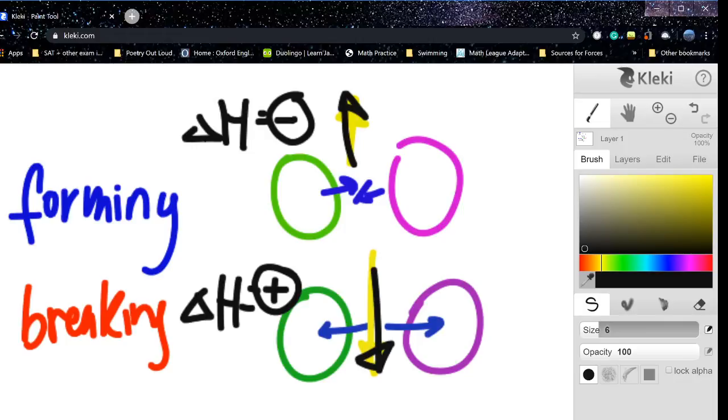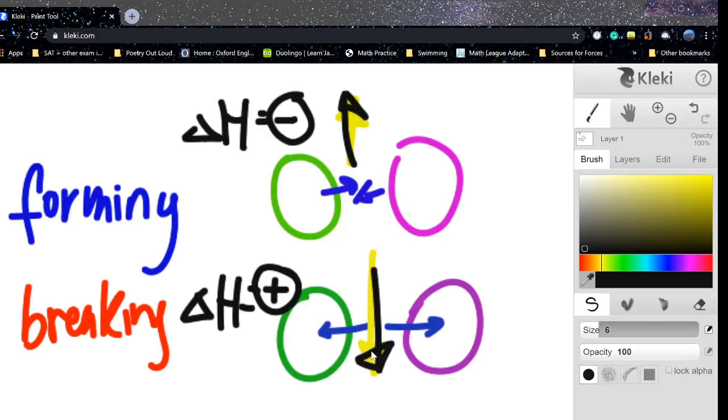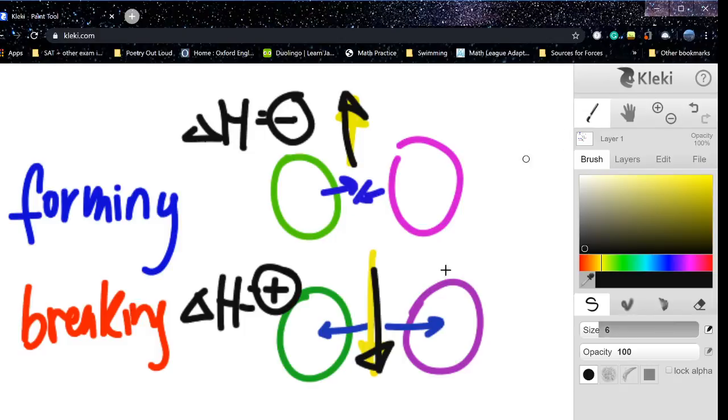Okay, so the textbook kind of explains. Actually, it doesn't really explain, but names these types of reactions. So, if delta H is negative, of course there are usually going to be more than two molecules or two atoms reacting with each other.